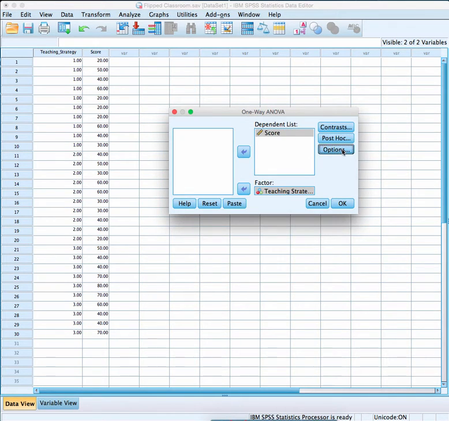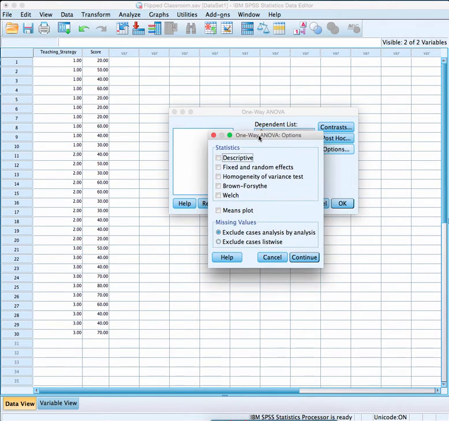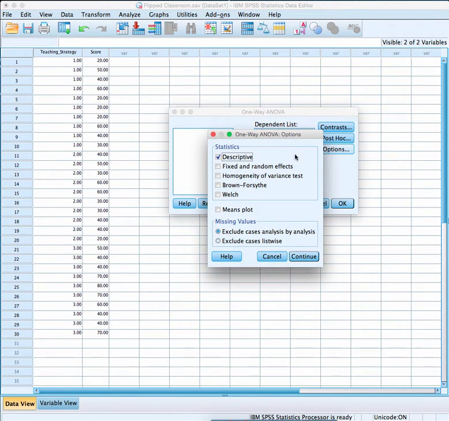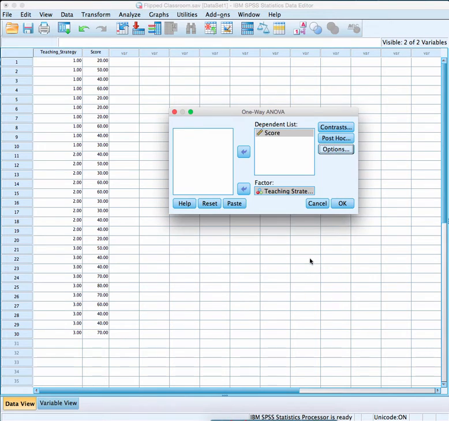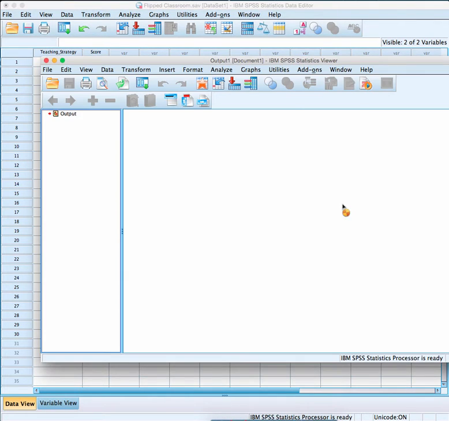And under Options, I like to have the descriptive statistics because I want the mean and the standard deviation for each group, and then the homogeneity of variance test. And we'll talk about the homogeneity of variance a little bit in terms of ANOVA during our class. And then Continue, and then we can click on OK.